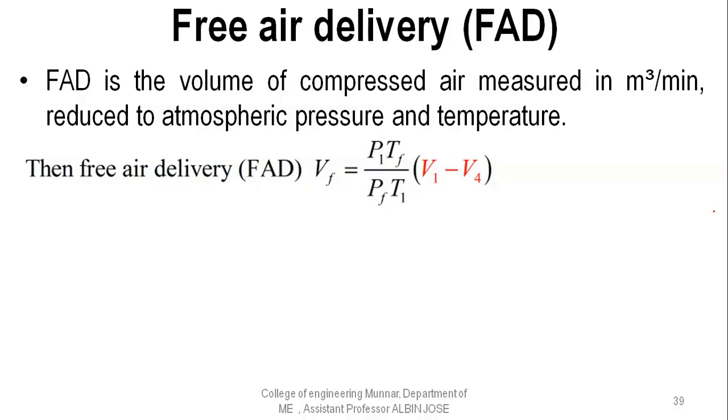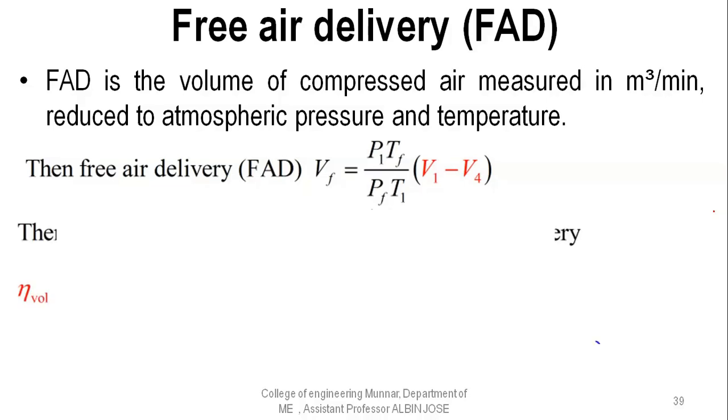Then the free air delivery Vf is equal to P1 Tf divided by Pf T1 into V1 minus V4. V1 is the total volume and V4 is the volume of the air at the end of the re-expansion. And V1 minus V4 is the effective suction volume from the atmosphere.